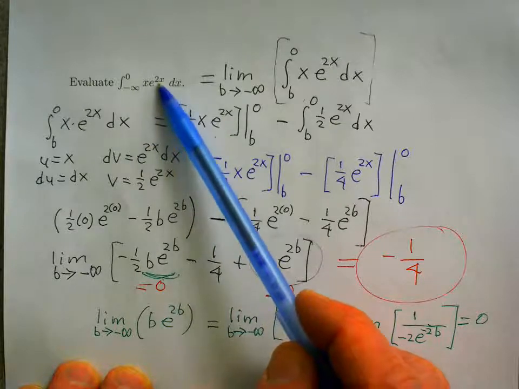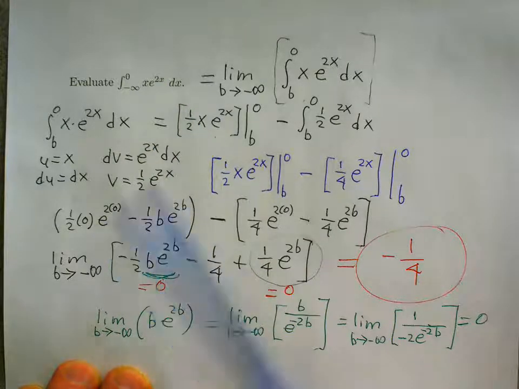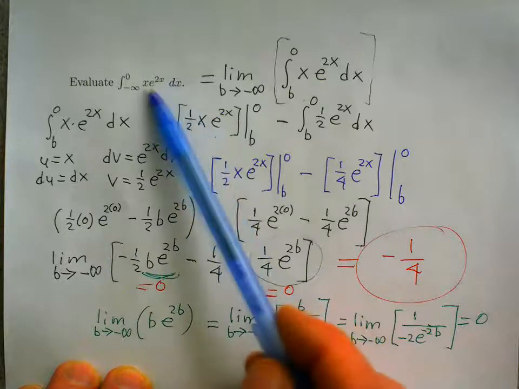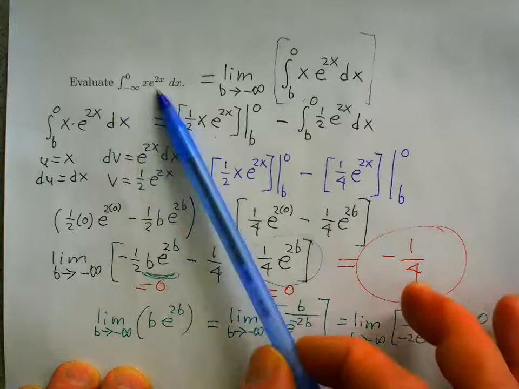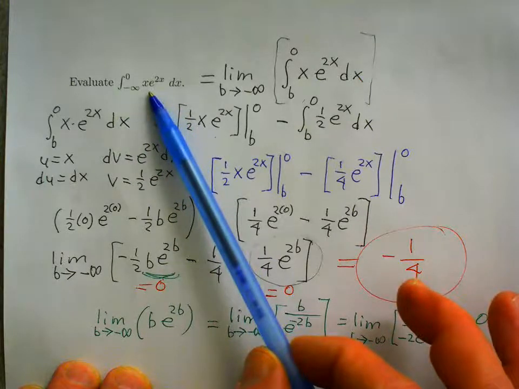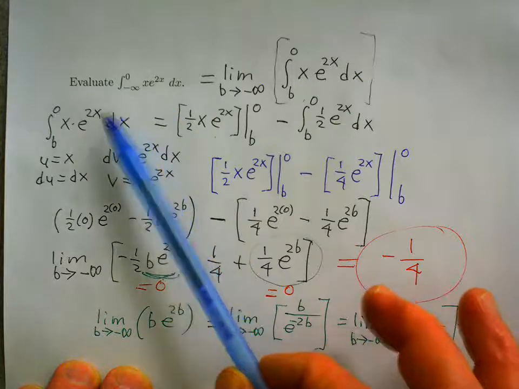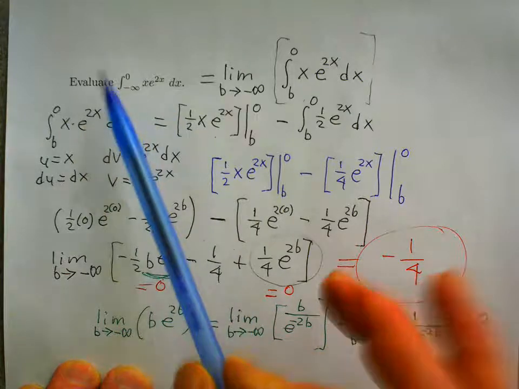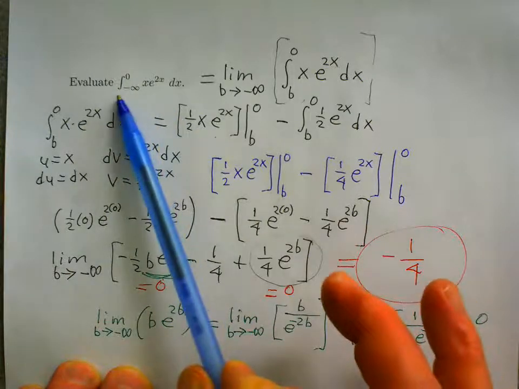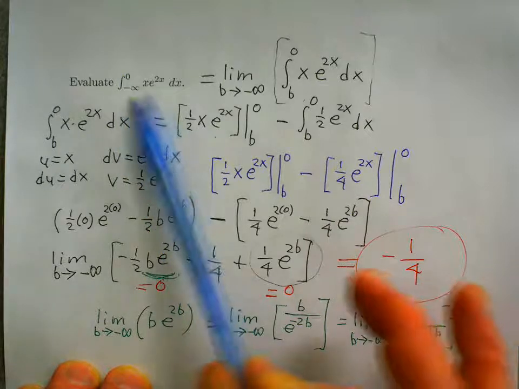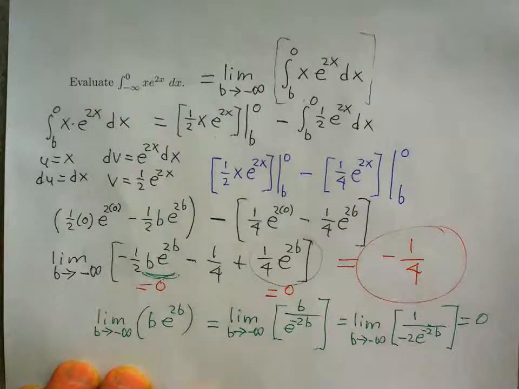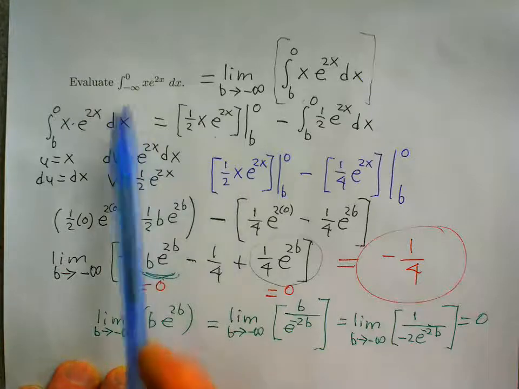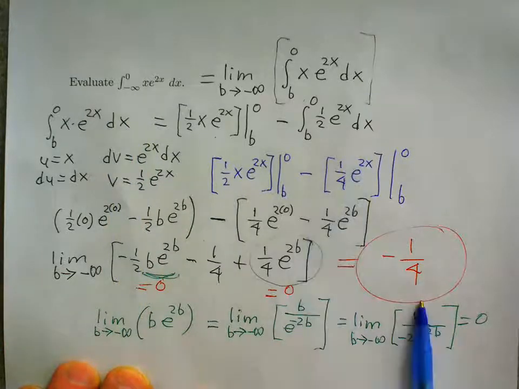E to the 2x is positive all the time. And so the integrand is a negative value for x less than 0. So any definite integral, a negative number to 0, will have to be negative. And so the entire integral is negative 1/4.